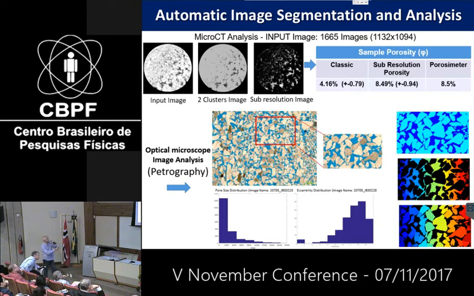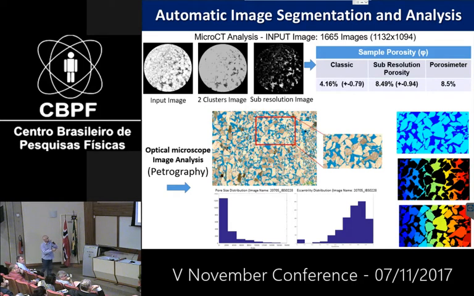Here, for example, you have an image. This image can be separated into phases, the pore space and the solid phase. And what is interesting is you can introduce a sub-resolution image into the original image in order to capture the porosity that is missed due to the limited resolution of the image.